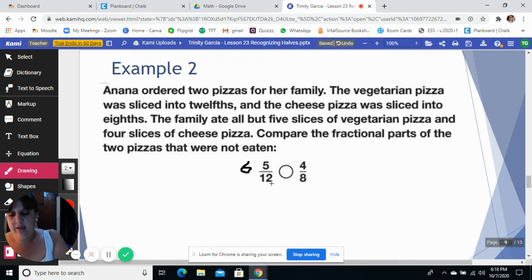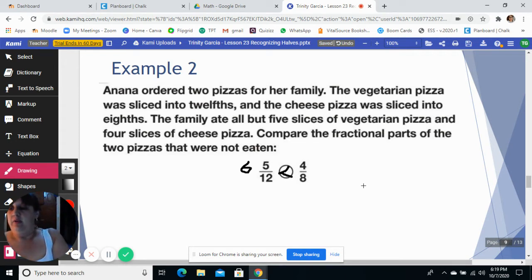Since 5 is less than half of 12, and we see that 4 is half of 8, because 5 is less than 6, less than half, we know that 5/12 is less than 4/8.